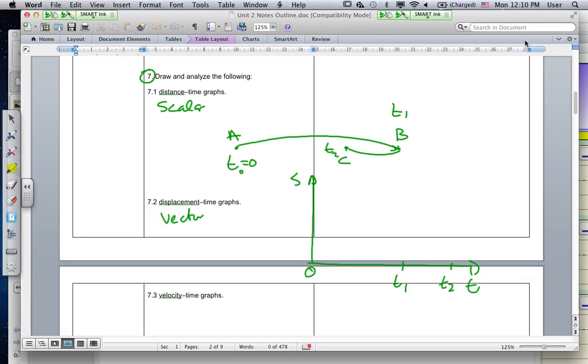The distance from A to B would go up to there, and then this would perhaps be C. If it was at constant velocity, at t1 you're at B, and then you would come back at t2 and be over there. That would be your displacement-time graph if you were going at a constant velocity.